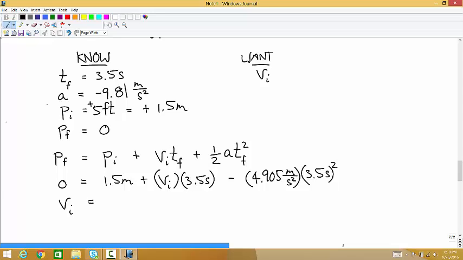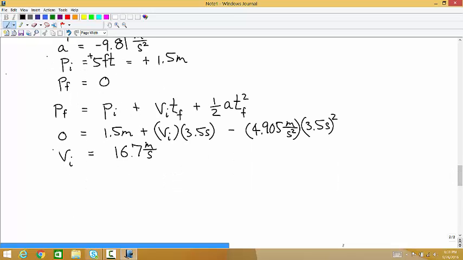16.7 meters per second. And then we want it in millimeters per hour. So 16.7 millimeters over hours. Yeah, thank you.